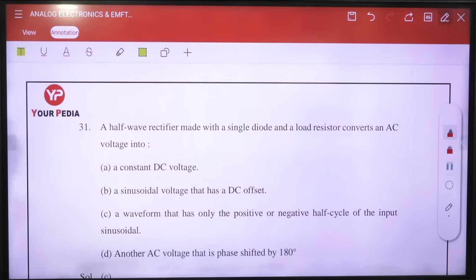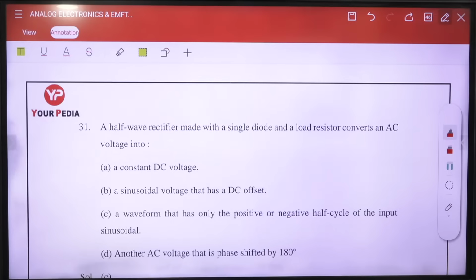The half wave rectifier made with a single diode and a load resistor converts an AC waveform into what? Tell me the answer.